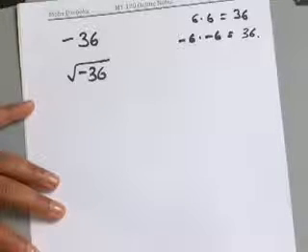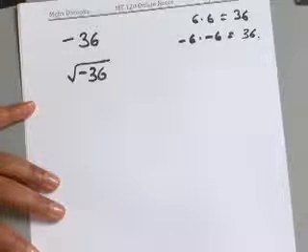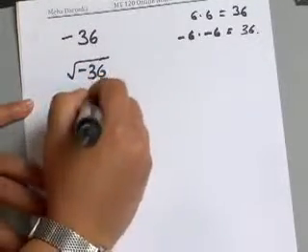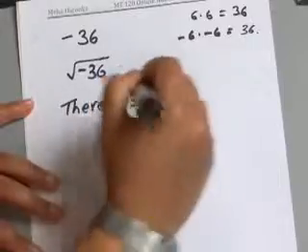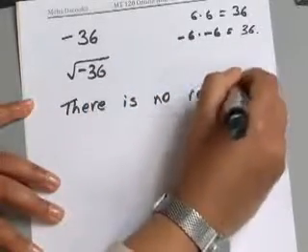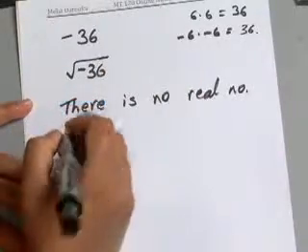So what do you think will give us negative 36 if we square a given real number? And you will notice there is no such number which will square and give you a negative 36.